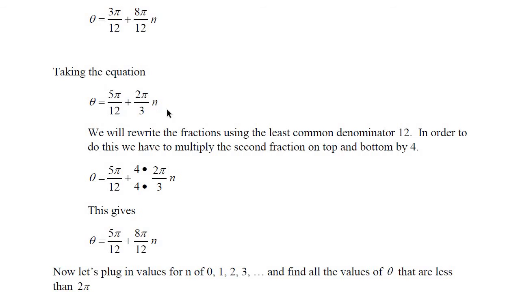In order to do that, this second fraction has to be multiplied on top and bottom by a 4. And that's going to give me 5 pi over 12 plus 8 pi over 12 times n. And again, I'm going to do the same thing. I'm going to plug in values for n, 0, 1, 2, 3, until I find all the values this one generates that goes from 0 to 2 pi.